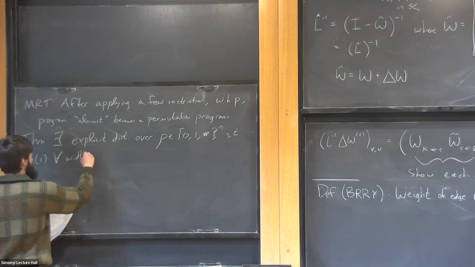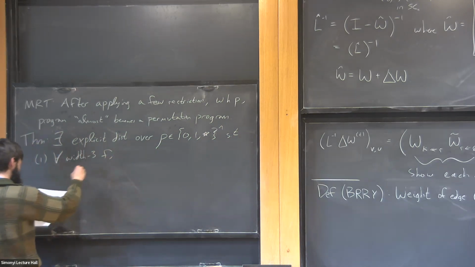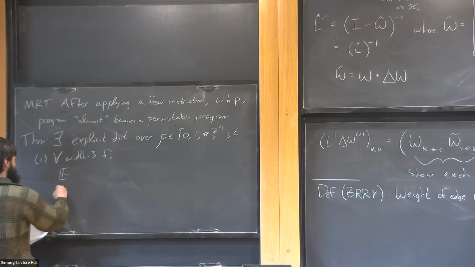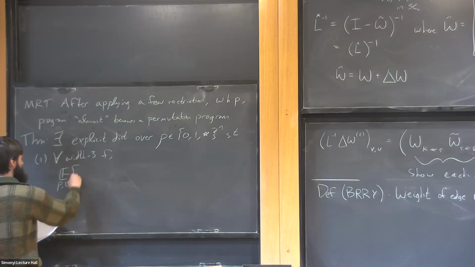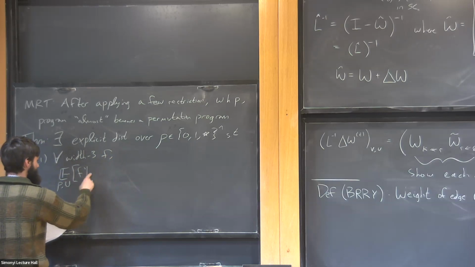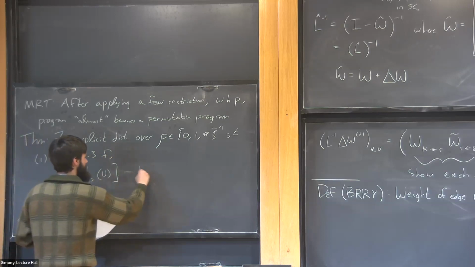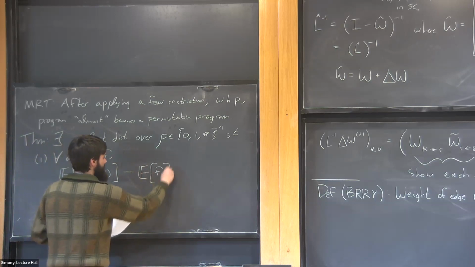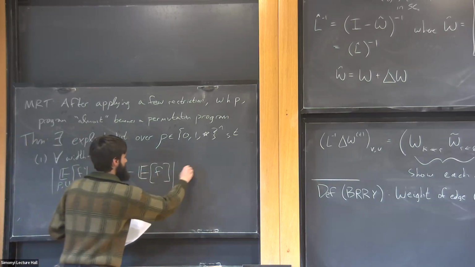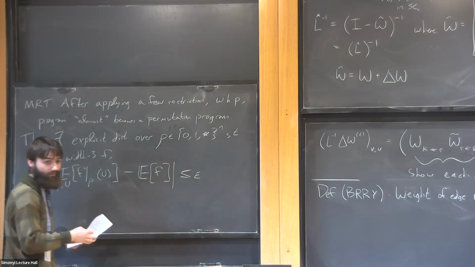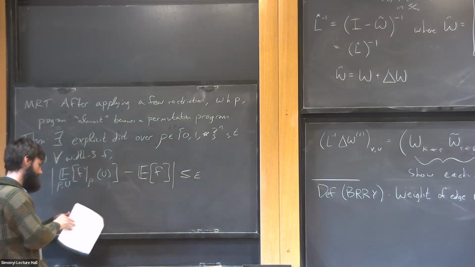For any width 3 F, if you do this random restriction and then you plug in uniform random bits to the restricted function, then that's close to the expectation of F. So we're not doing any harm when we do these restrictions.